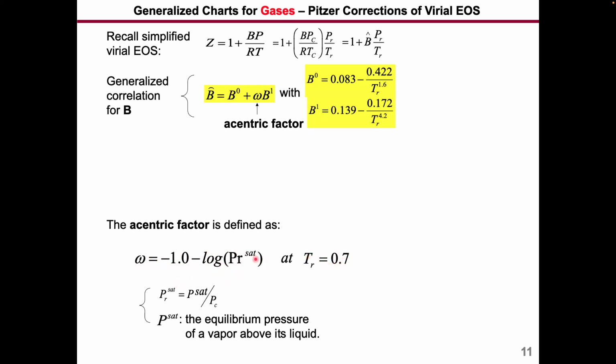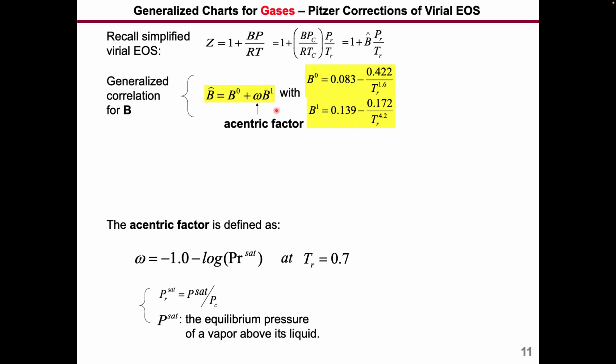So PR saturation is basically your P saturation divided by PC, the critical pressure, and P saturation is the equilibrium pressure of a vapor above its liquid, right? Again, you can look these values up and calculate omega. People have already calculated omega for different substances, so you don't even need to calculate it yourself. You can just look them up in the table, and I will show you how to look them up later.